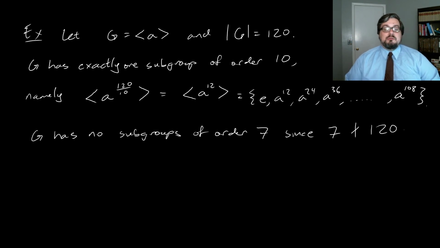G only has subgroups of orders that divide the order of the group. It's going to turn out that this is a true statement in general for all sorts of groups: the order of a subgroup always divides the order of the group that it sits inside. Proving that in full generality is going to take a little bit longer to work on, but this is a very important first step in that process.